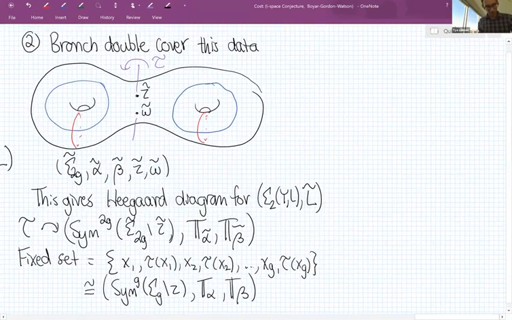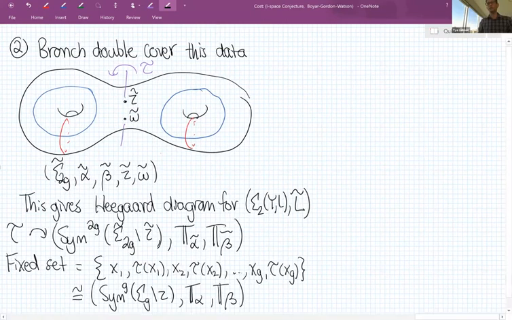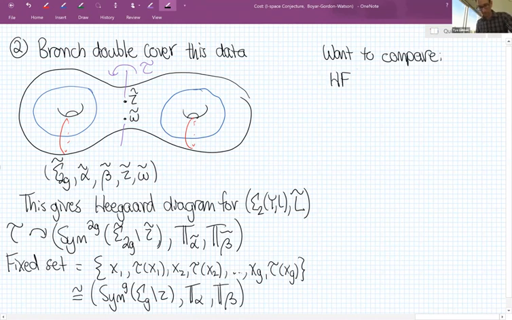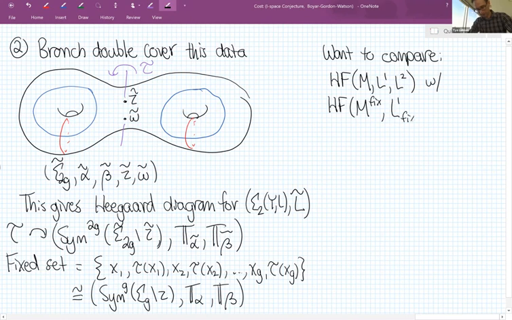Basically, we want to compare HF, the Lagrangian Floer homology of M and two Lagrangians inside of that M, with the Lagrangian Floer homology of the fixed sets inside of the fixed set symplectic manifold.